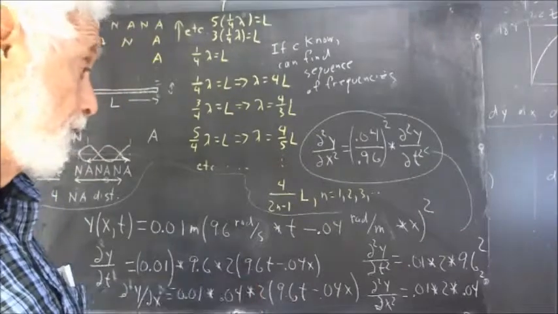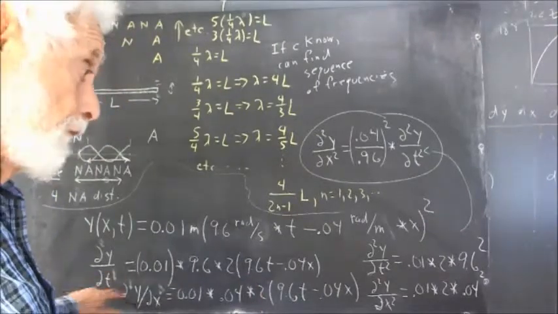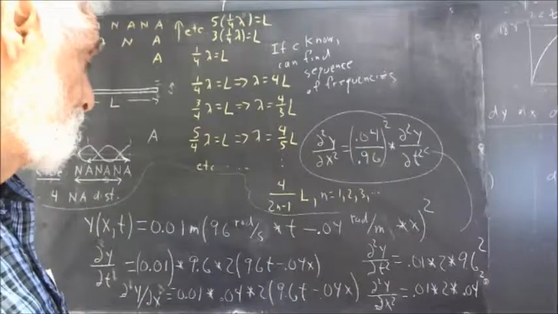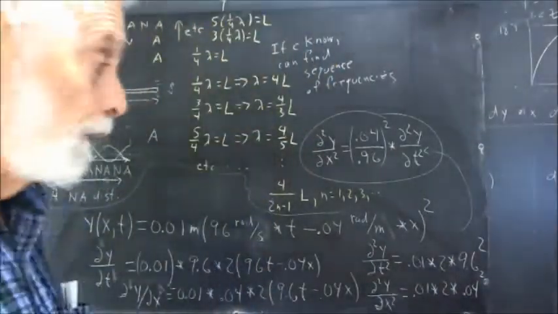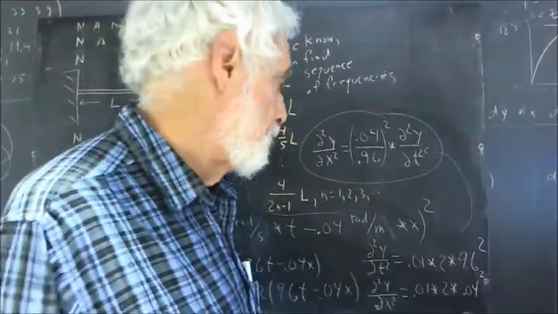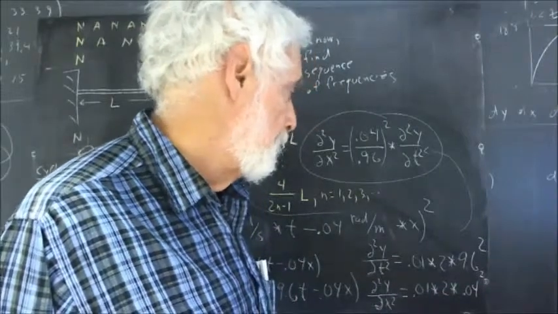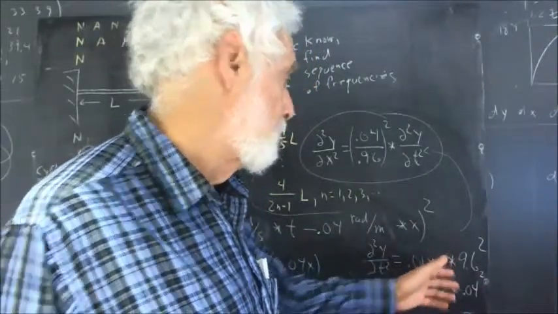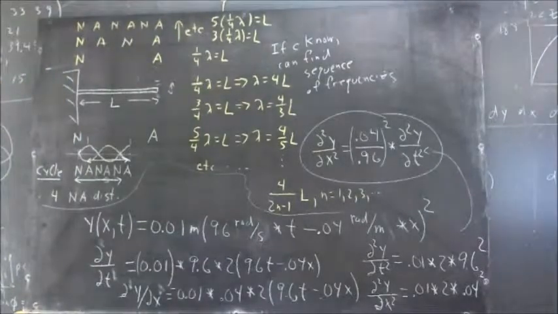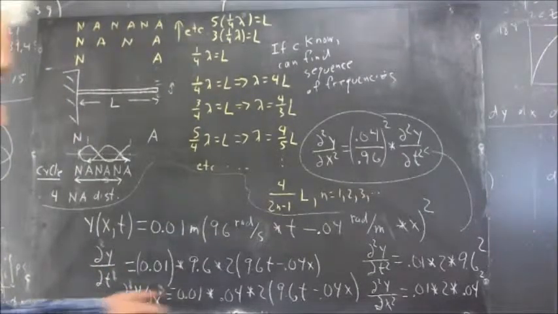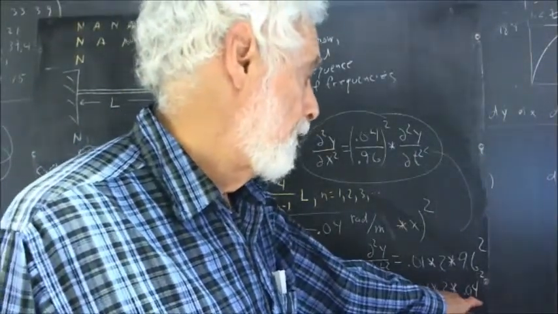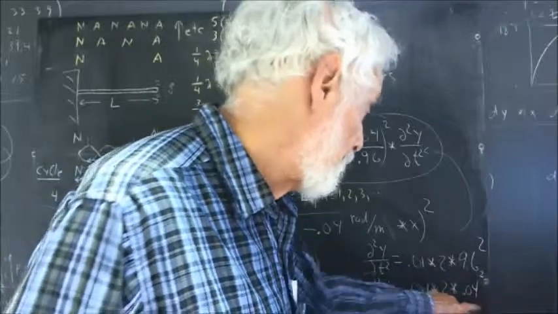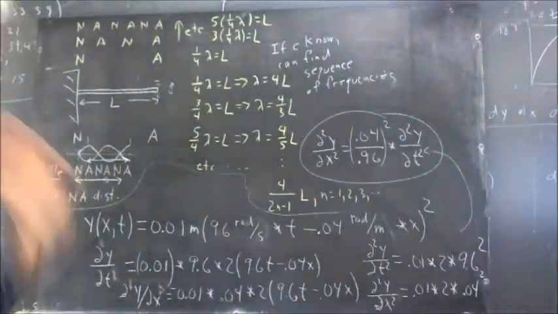This is just a linear function of t, if you're taking the derivative with respect to t, so we simply get this result. The units will be meters here, and radians squared per second squared here, which is going to give us meters per second squared. Down here, our units are going to be, again, meters for the 0.01, and radians per meter for the x derivative. So we're going to have radians squared per meter squared here.